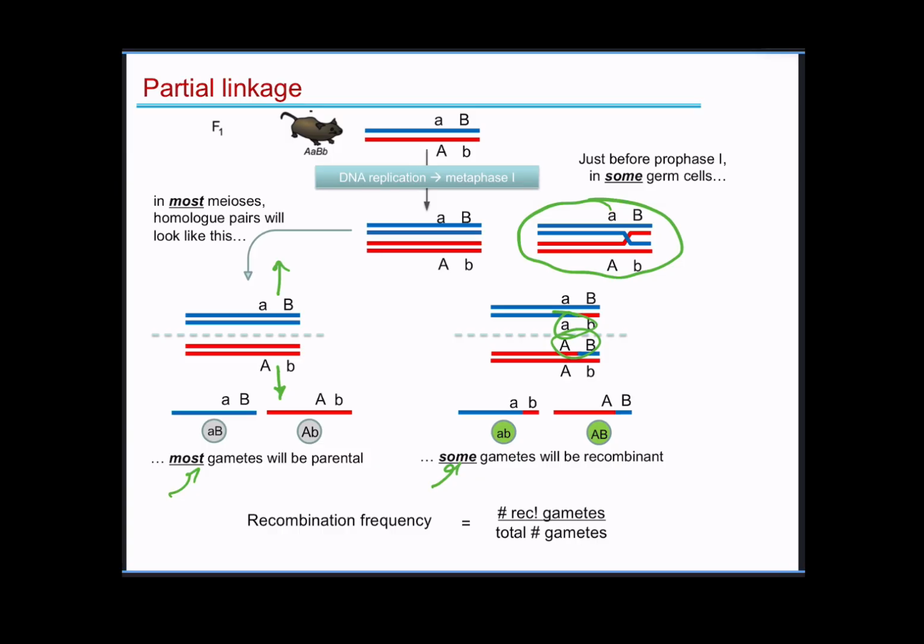And we finished our last lecture introducing the concept of recombination frequency, and that is the number of recombinant gametes over the total number of gametes that an individual produces.